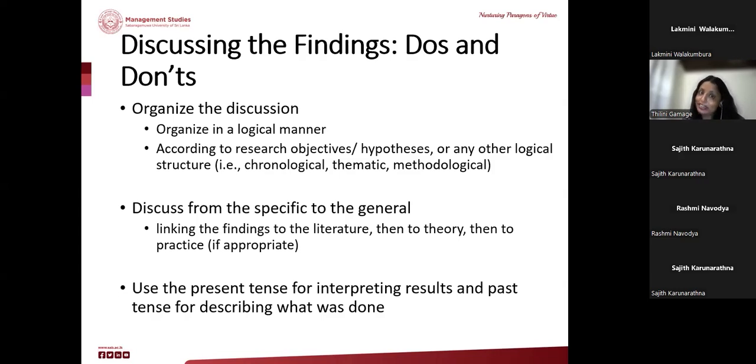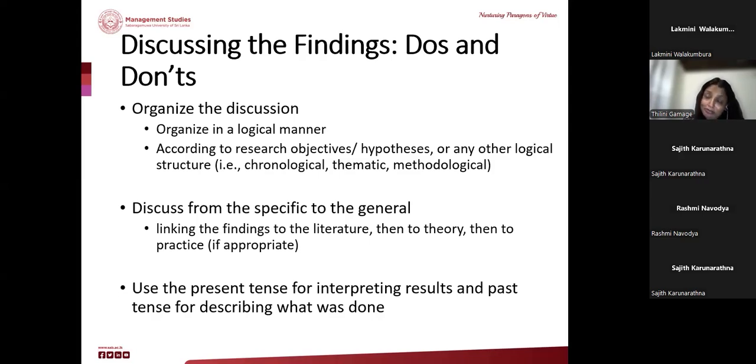Most of the time, I have seen students organize the discussion section according to the research objectives or the hypotheses. That provides a logical structure, because when people read your dissertation, they start from chapter 1, where they can see your research questions and research objectives.